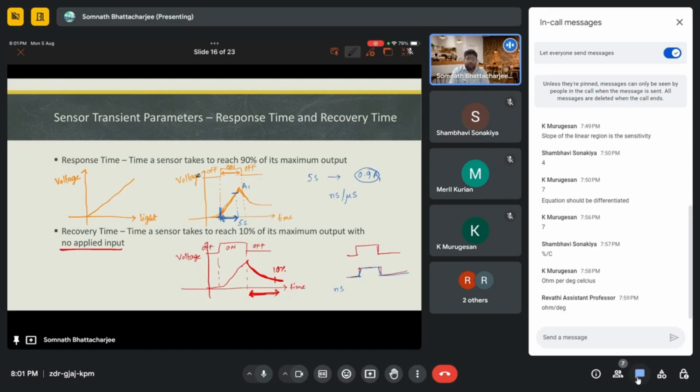So can you think of any kind of thing where the response time or the recovery time is very much needed? Or if there is any case where the recovery time should be a huge amount of time? I need two examples. In the first case, the response time should be less and the recovery time should be very less as well.